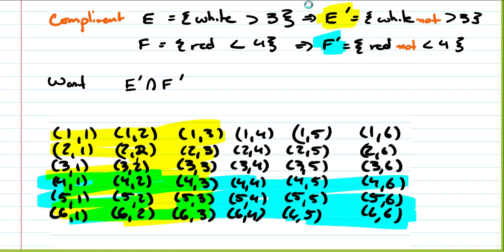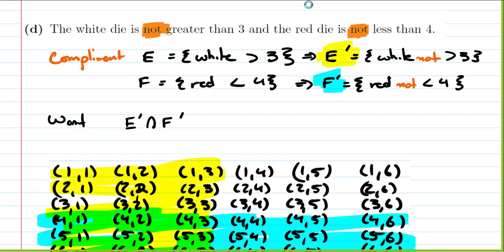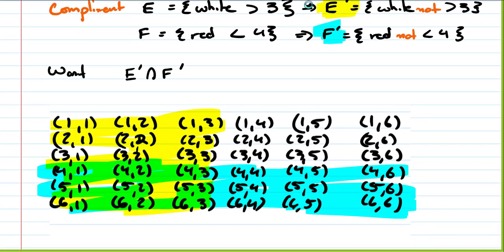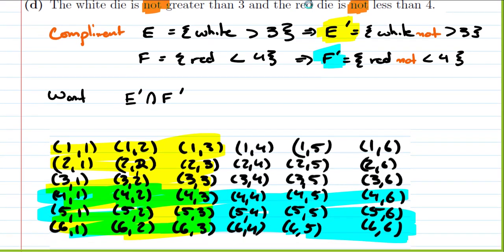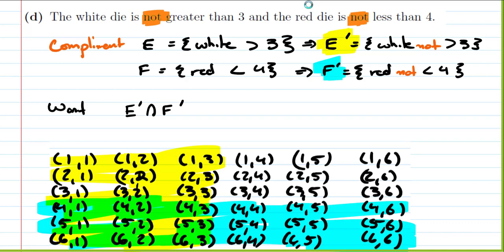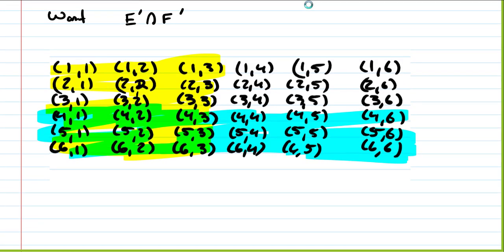So we want the and of this, which is going to be this part down here, right? It is going to be our stuffing green because it's an and.